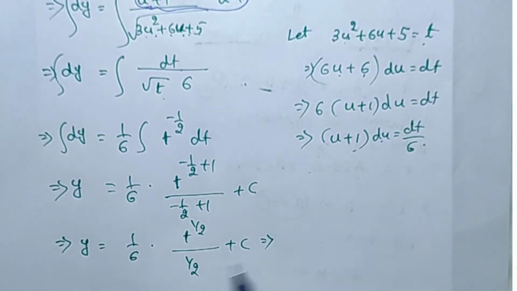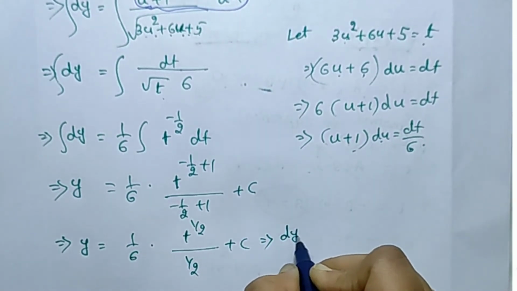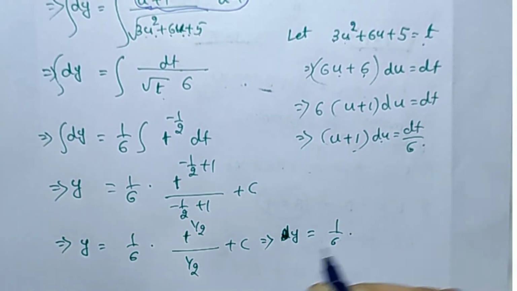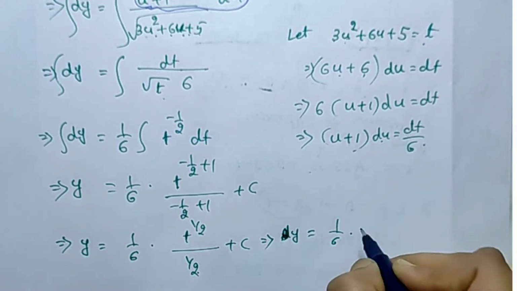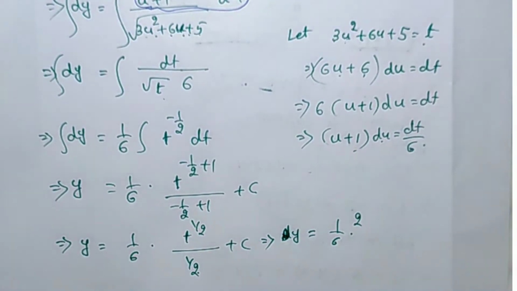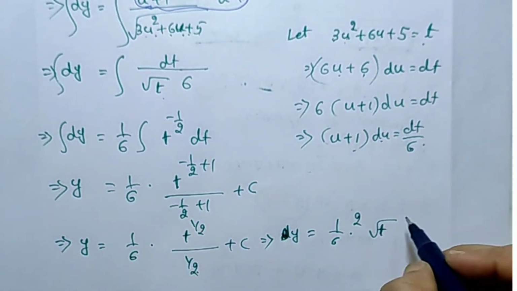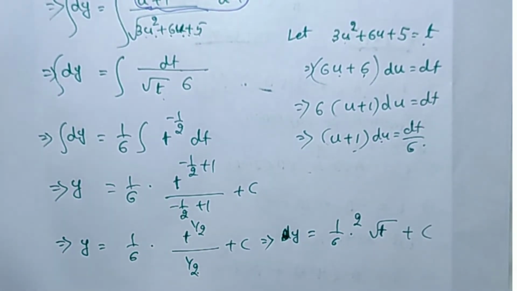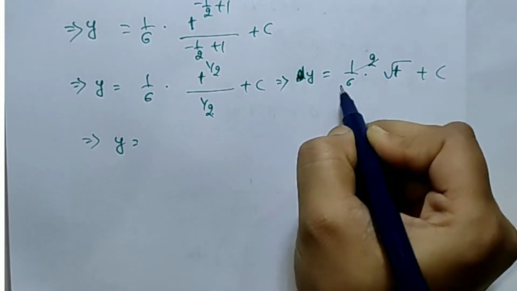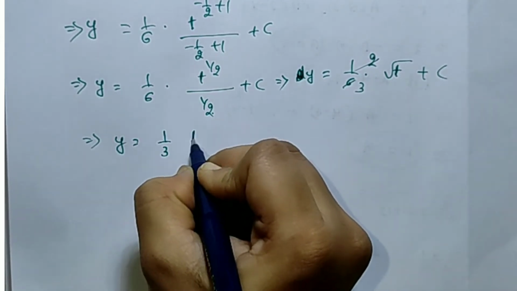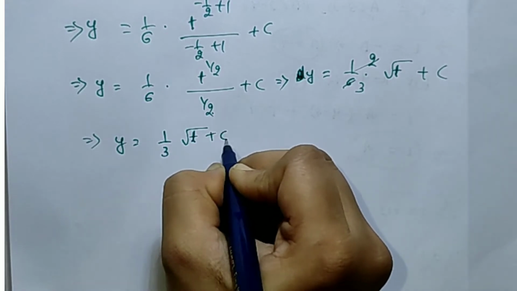The 1 by 2 is divided here, so I can write 2 in multiplication, which is 2 into t power half, root t, plus c. This implies that y = 1/3 root t + c.